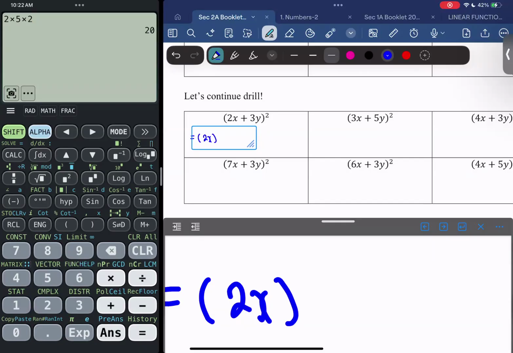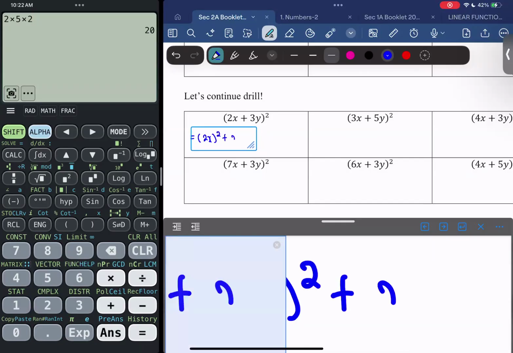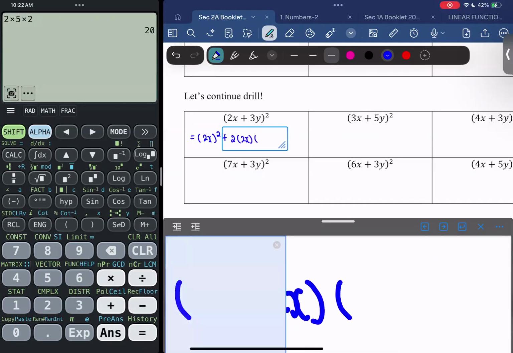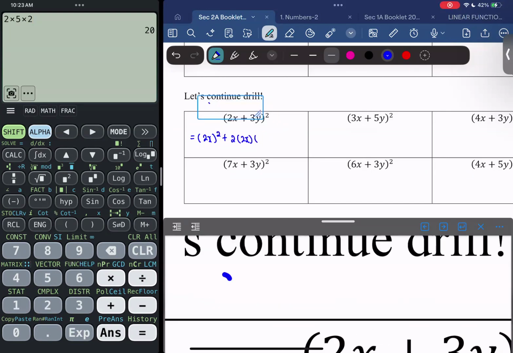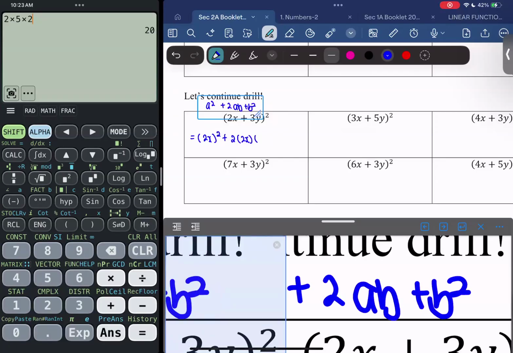2x squared plus 2 times 2x, not 3y. What's the formula? a squared plus 2ab plus b squared.